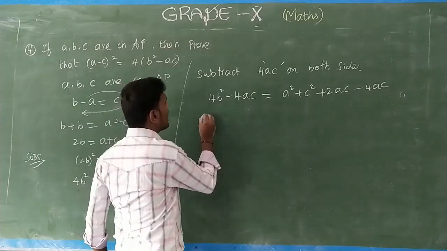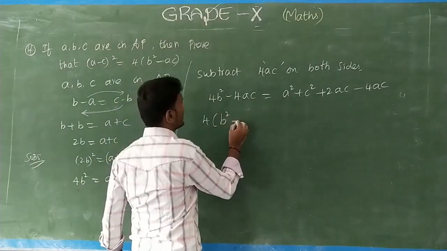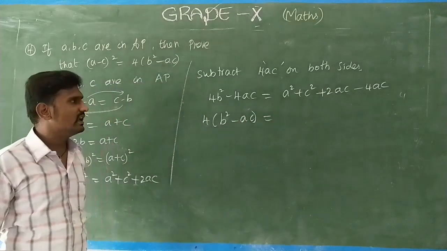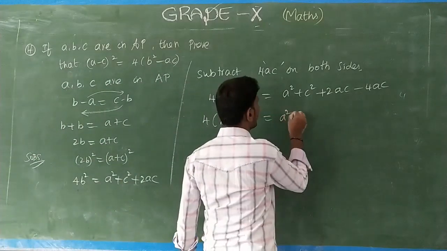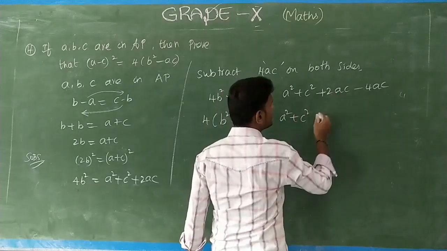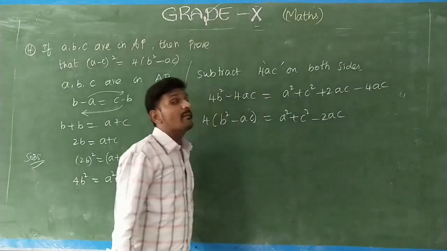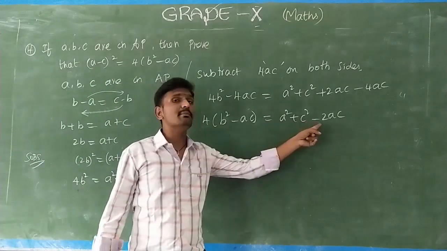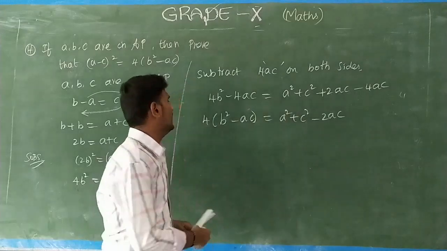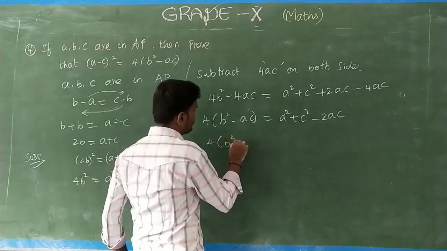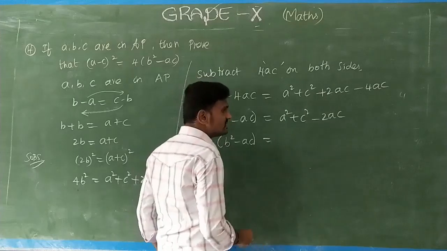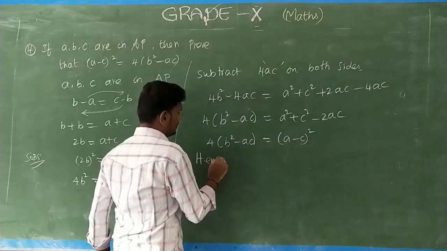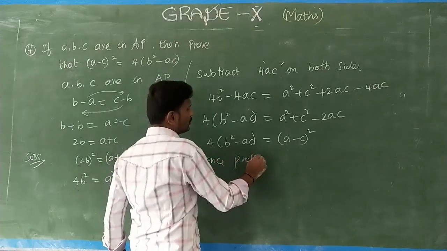Now see, you have 4 on the left side, I am taking it outside to get 4 into (B square minus AC). Now on the right, A square plus C square plus 2AC minus 4AC will come as minus 2AC. Now you have the formula A square plus C square minus 2AC, that line. So 4 into (B square minus AC) is equal to (A minus C) the whole square. Hence proved. So this is what we are going to do.